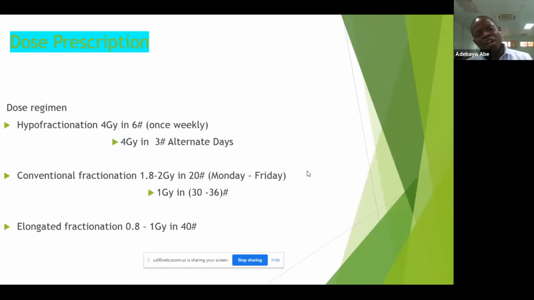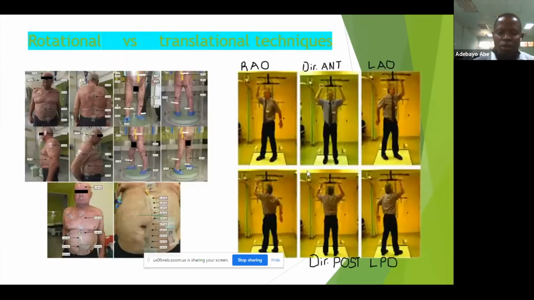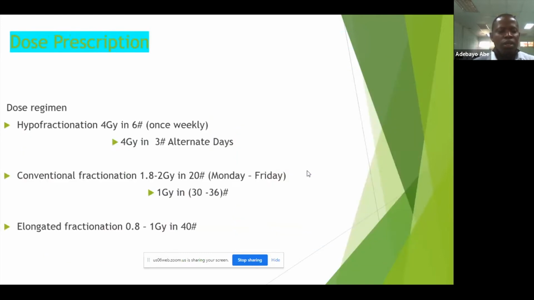The fractionation schemes used in total skin electron irradiation: we have hypofractionation, where 4 gray is given in 6 fractions, done once weekly.